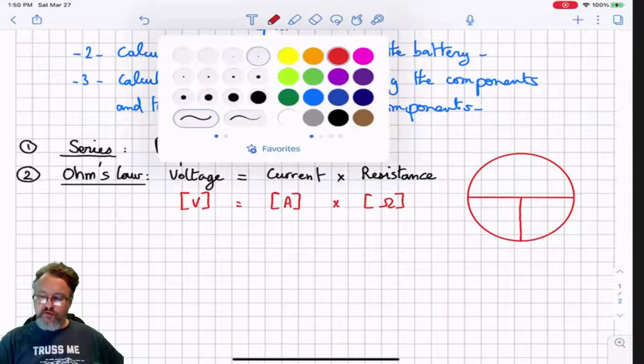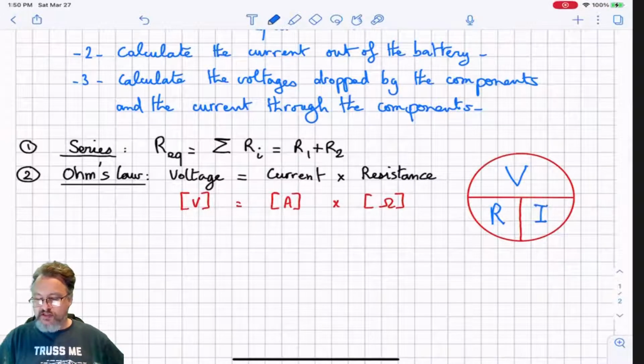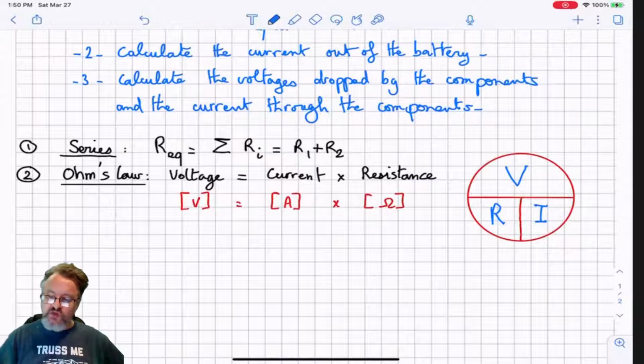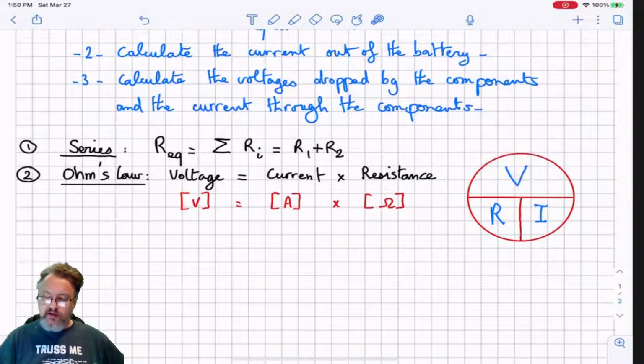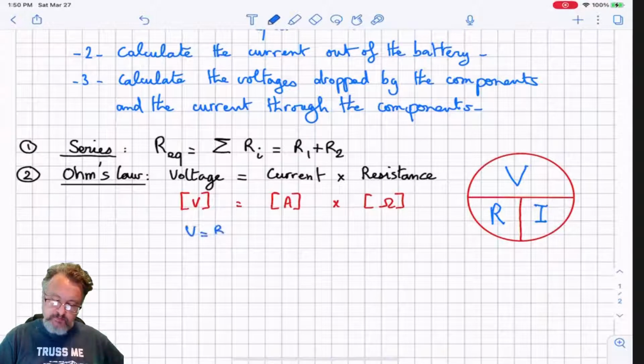And I'm going to write V, R, I. Okay, so voltage V, resistance R, current I. And if you want to, for example, calculate the voltage in a circuit, put your finger over the V right here. So imagine we don't see the V anymore. And so if you want to calculate the voltage, what do you see? You see R times I. So that will give you the first formula. V equal R times I.